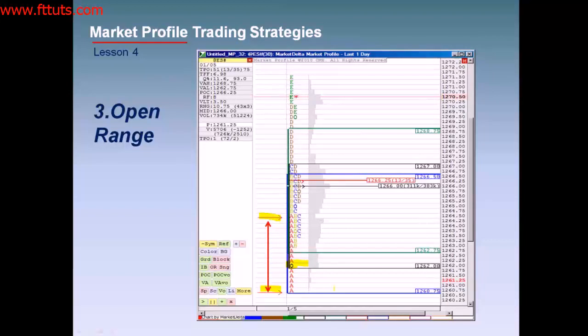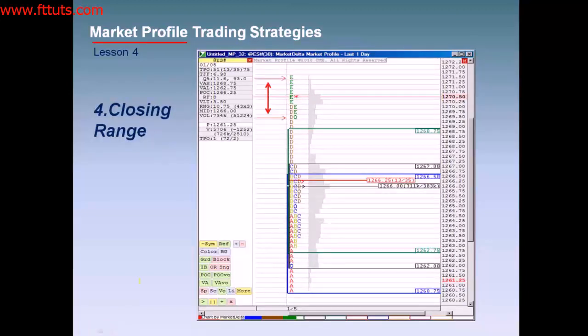So in this case, my open range is all the way from 1260.75 up to 1264.50. That's my open range. And I will explain to you a little bit later why it is important for us to keep track of the open range. And hopefully you've also been actively collecting numbers for the study that I asked you to perform in the last lesson, because it does ask you to include the numbers for the open range for each day.